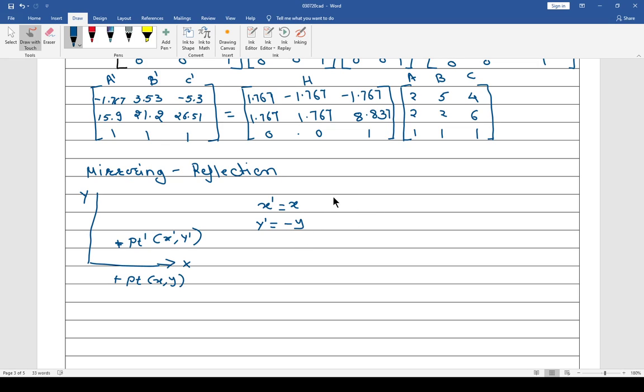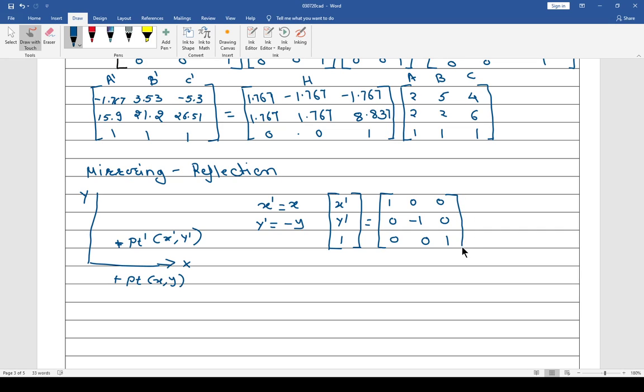Now if I want to put this whole thing in terms of matrix, it will come like this: x dash y dash 1 is equal to the matrix 1 0 0, 0 minus 1 0, 0 0 1, into x y 1, the coordinates of point PT.